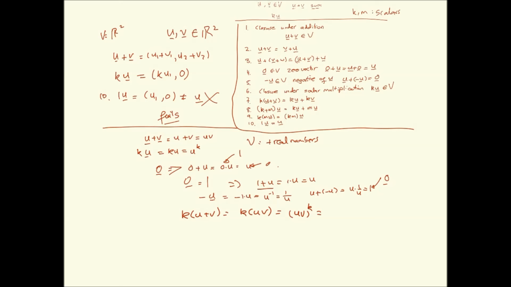Now, what is that? That's equal to u to the k times v to the k. But wait a second, u to the k is ku, and it's multiplied by kv. But multiplication is in fact addition, so that's ku plus kv.